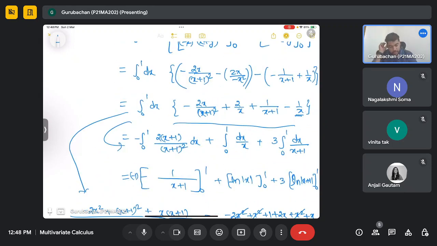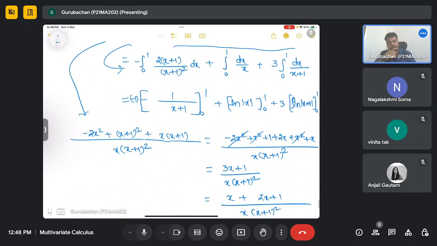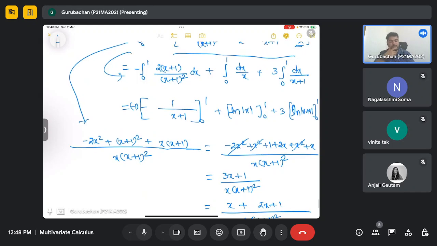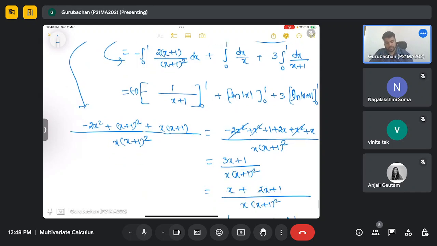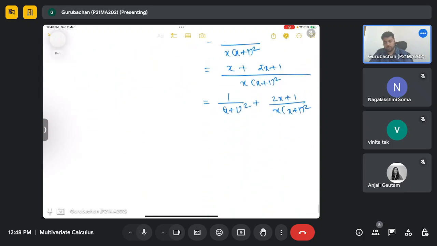So here I think there would be some error because it is not that easy, if you simplify this factor. So let me just rewrite it. Just a second, please.